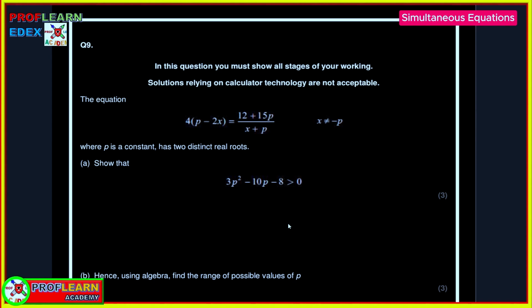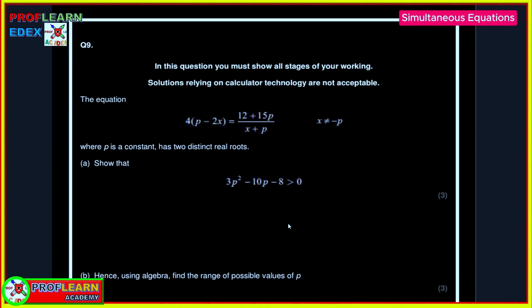If you equate the 2 equations and solve them simultaneously, and they have 2 distinct roots, it means the quadratic equation formed will have a discriminant greater than 0. So that is the perspective we're going to use.